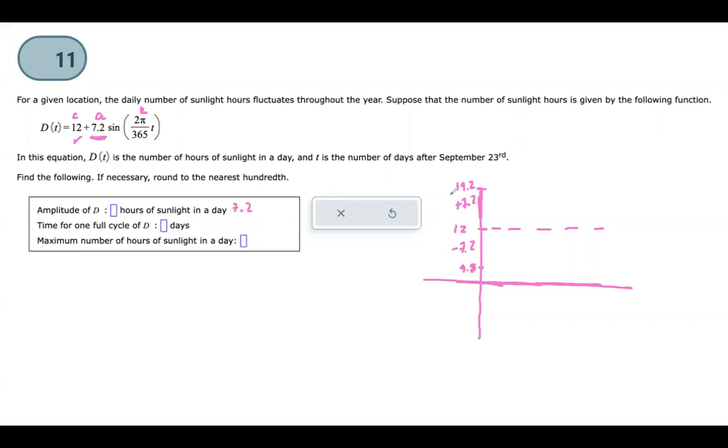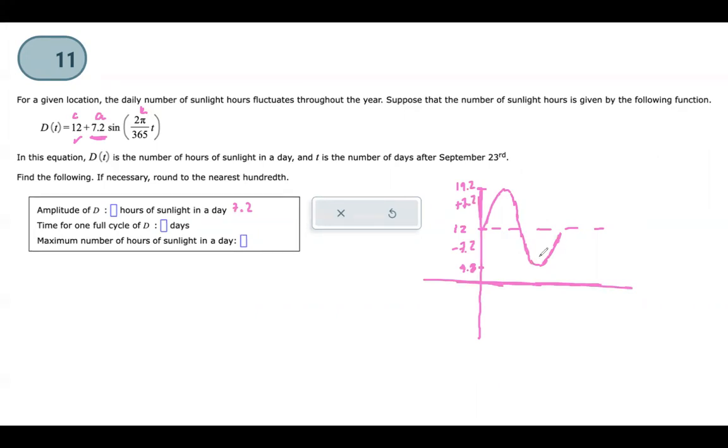So that means that if this is a sine, it's gonna go as high as 19.2 and as low as 4.8. What does that mean? It means that the maximum number of sunlight in a day is 19.2 hours, and the minimum is 4.8.